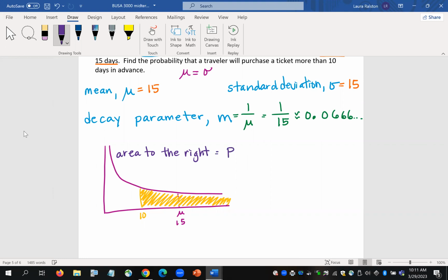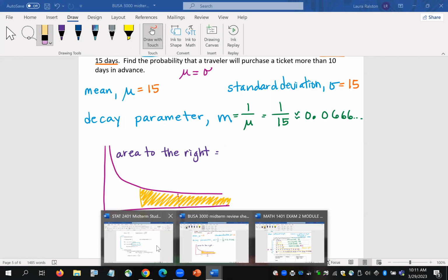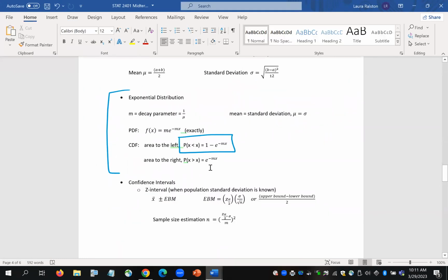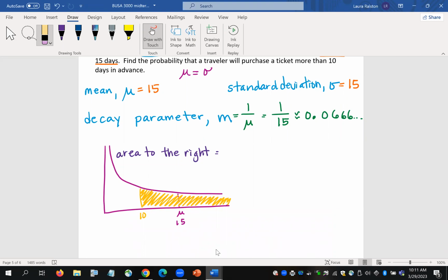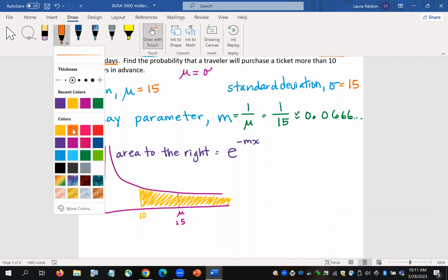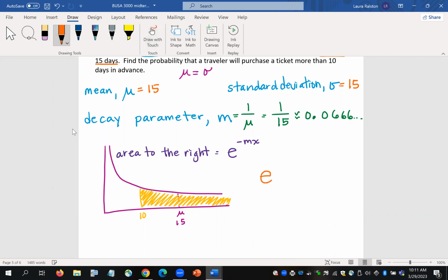The probability for area to the right. And again, you should have these formulas handy. The area to the right is e to the negative mx. So I would have in this problem e to the negative 1/15 times 10.